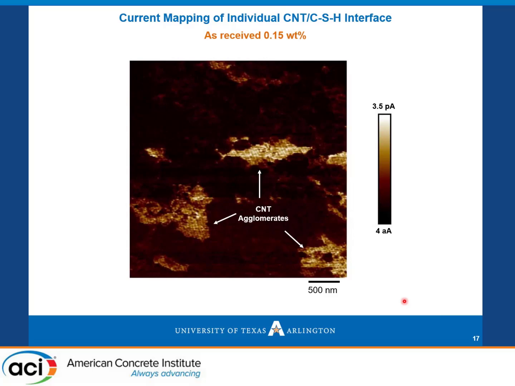We evaluated our results also by conducting ultra-low current mapping at that particular type of CNTs, at that particular loading of 0.15% per weight of cement, using as received without any dispersion. And in this picture here, you see the CNT agglomerates. We reduced the resolution of this image, 500 nanometers, so we can see the agglomerates.